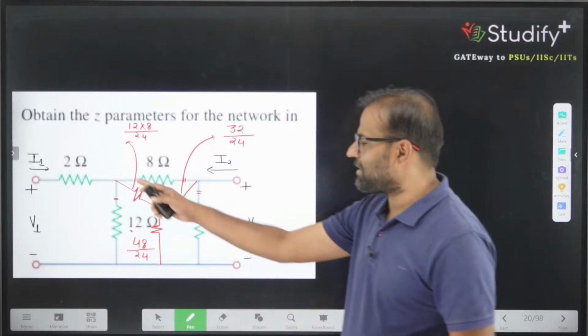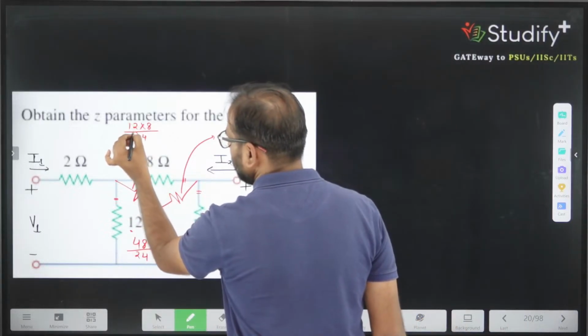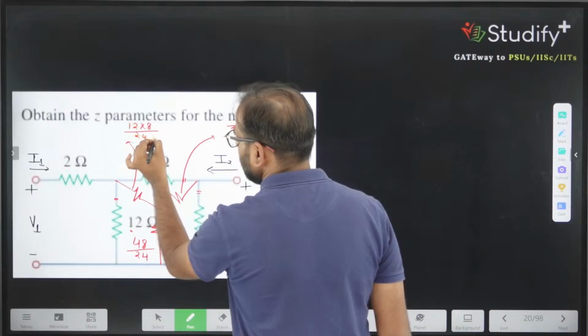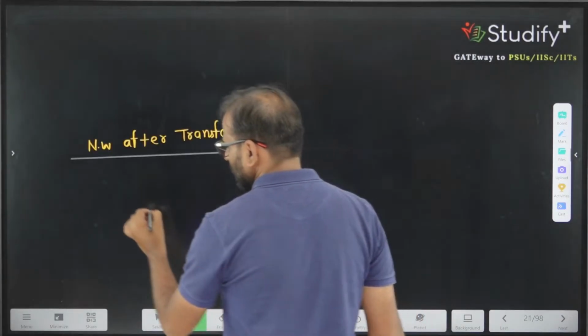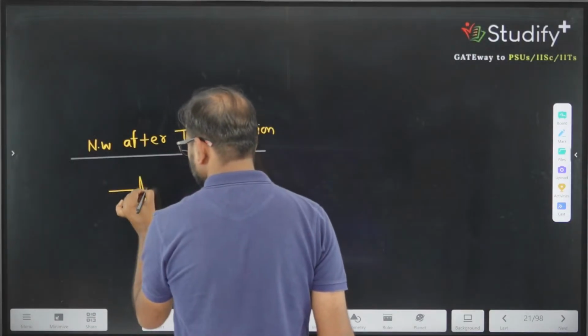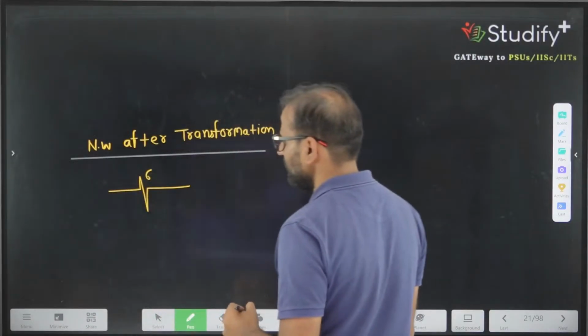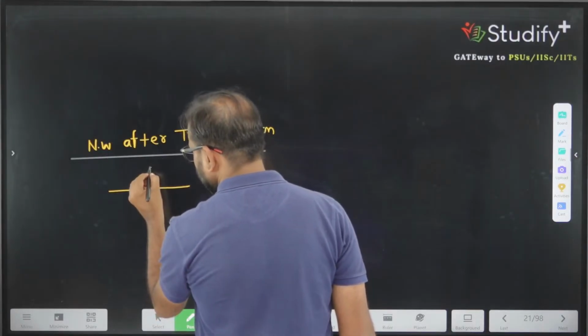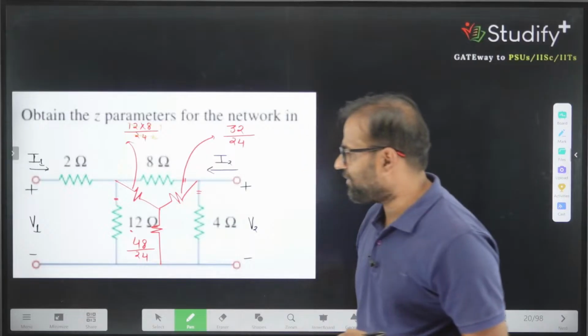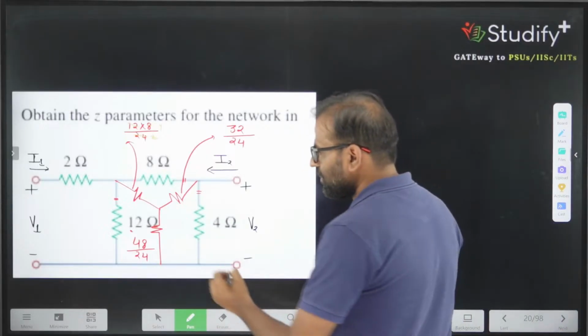This is 2 ohm resistance, and this is 12 twos are 24 divided by 24... 4. So 2 in series with 4 is 6. So we are having 6 ohm here. Then we are having 2 ohm here.